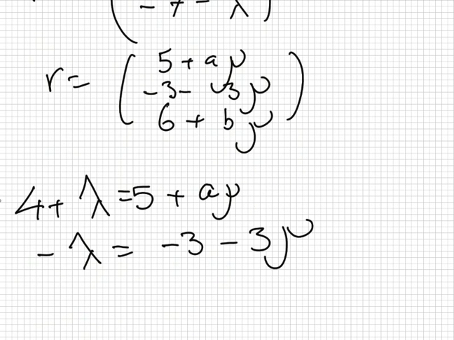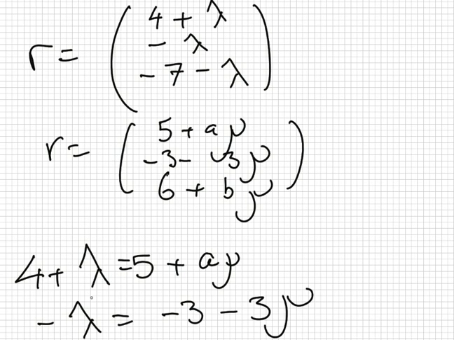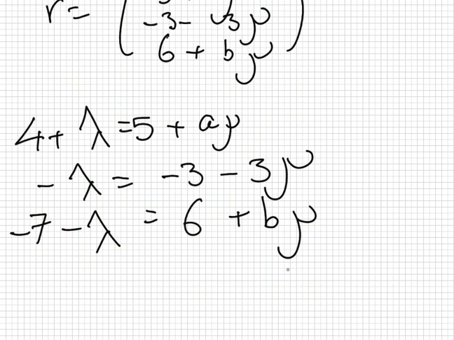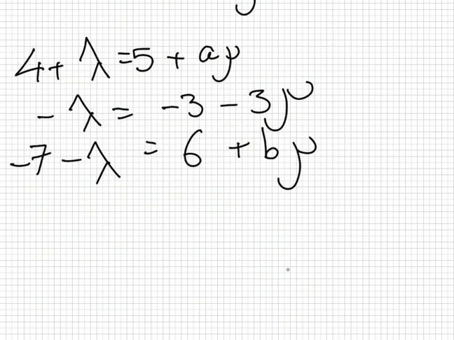And finally, minus 7 minus lambda equals 6 plus b mu. How many unknowns do I have? How many equations? I need one more equation. Where can I get it from? The first part, which is b minus a equals 3.